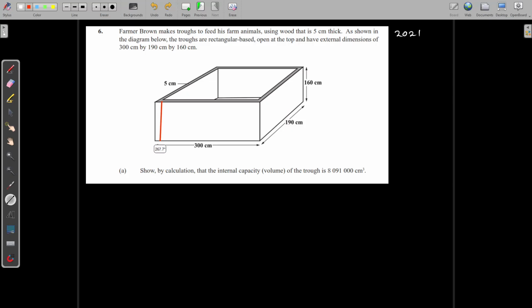So the 5 centimeter thickness here would have to be factored out from all around it. So let's see how we can do that now. Using wood 5 centimeters thick.